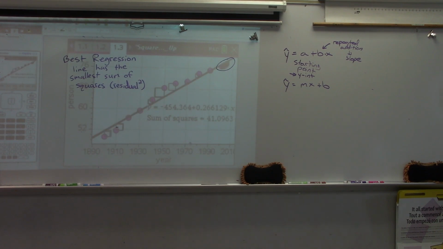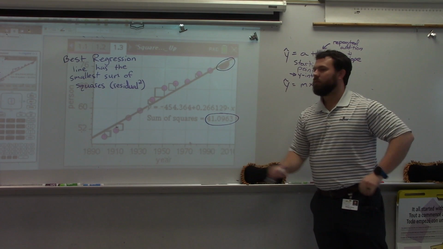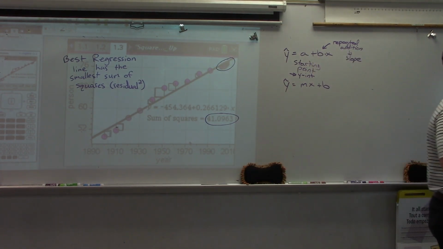And so the absolute best sum of squares is 41.0963. So you were super, super close. That was impressive. So the best regression line has the smallest sum of squares. Josh, you don't have to do it by hand, but I want us to understand that the calculator finds the line that has the smallest sum of squares.